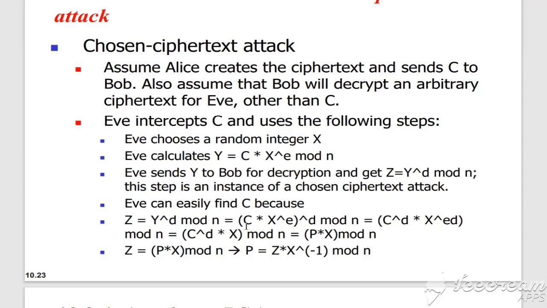So z equals (C times x to the power e) whole to the power d mod n. After solving this equation, you can see this is equal to the previous value.